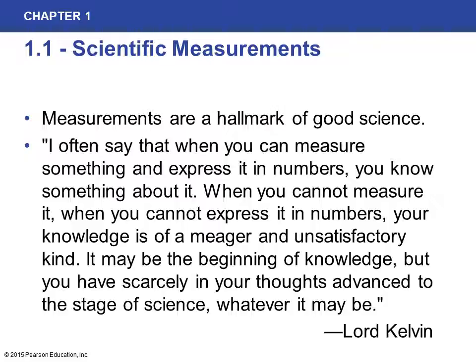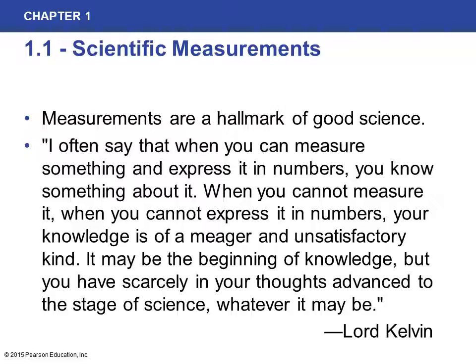Your text has a quote from Lord Kelvin, who was a physicist in the 1800s, and he came up with the Kelvin temperature scale, which is what the Celsius scale is based off of. His quote is, "I often say that when you can measure something and express it in numbers, you know something about it. When you cannot measure it, when you cannot express it in numbers, your knowledge is of a meager and unsatisfactory kind.